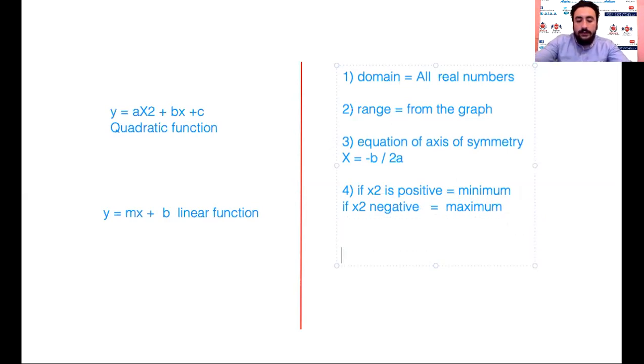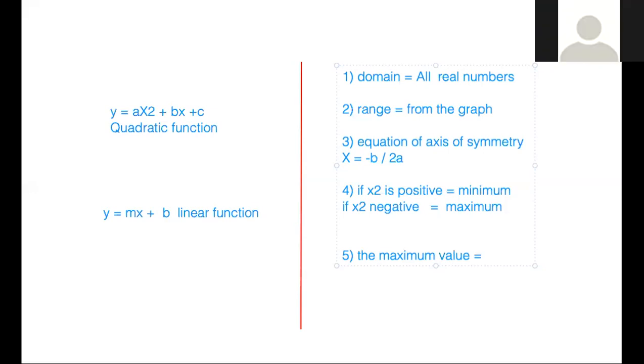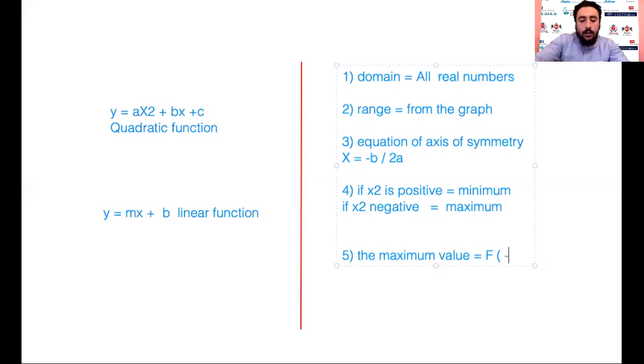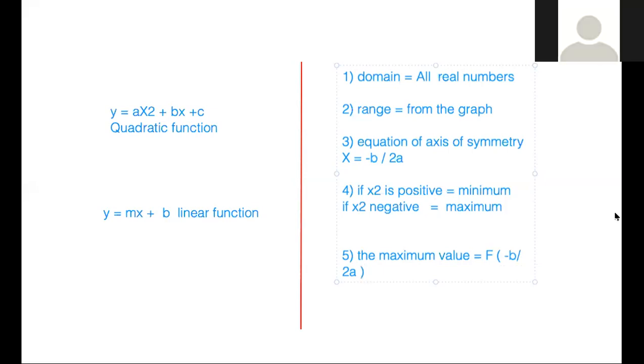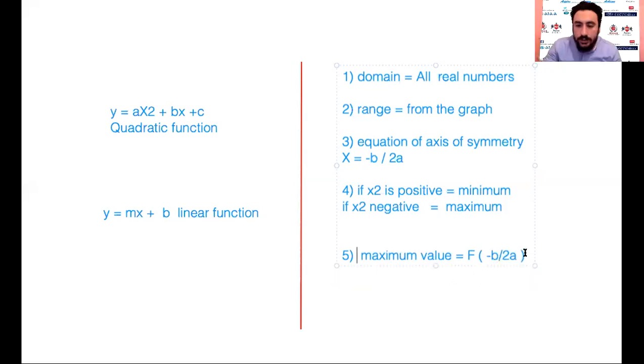What about the fifth thing? The maximum or the minimum value, I don't care which, but the value itself is going to be the function of negative b over 2a. How could you know that?